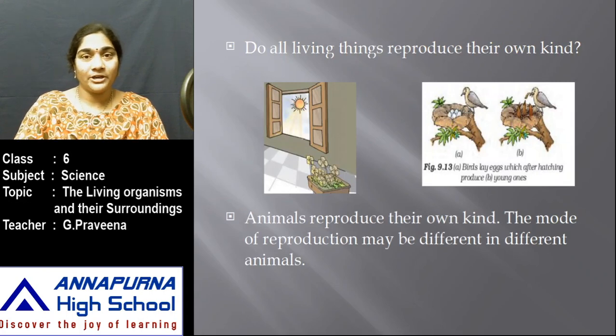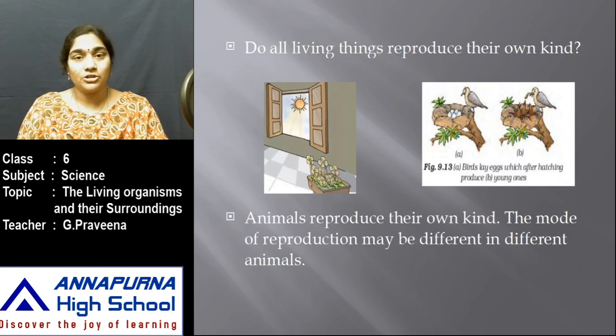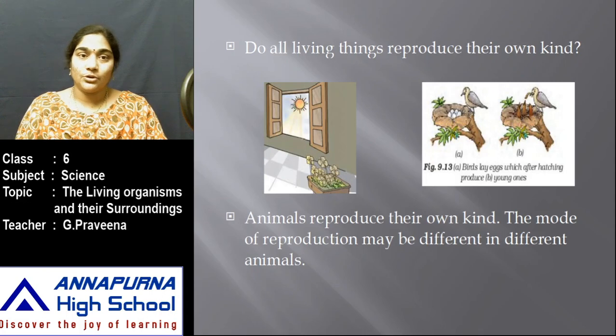Another important characteristic is the process of reproduction. Do all living things reproduce their own kind? Yes. Animals reproduce their own kind. The mode of reproduction may be different in different animals. You might see that birds lay eggs, from which a small bird hatches and comes out.